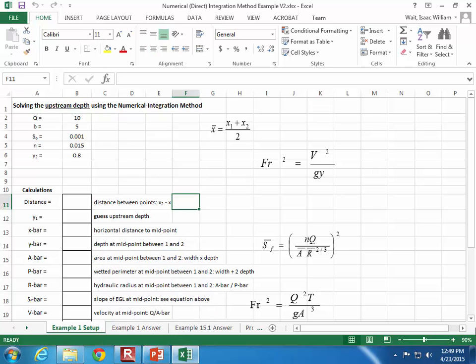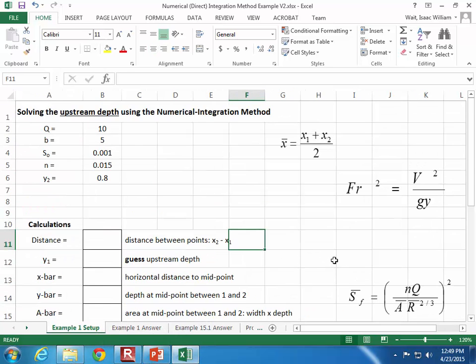All right. So what we have here is the flow conditions. It's a rectangular channel with a flow rate of 10 cubic meters per second. The width of the channel is 5 meters. Here's the slope of the channel, Manning's n, and the depth at the known location downstream. The distance between the 2 points, we're already given that that's 50 meters, and then I'm going to guess that upstream at 1 is 0.85.